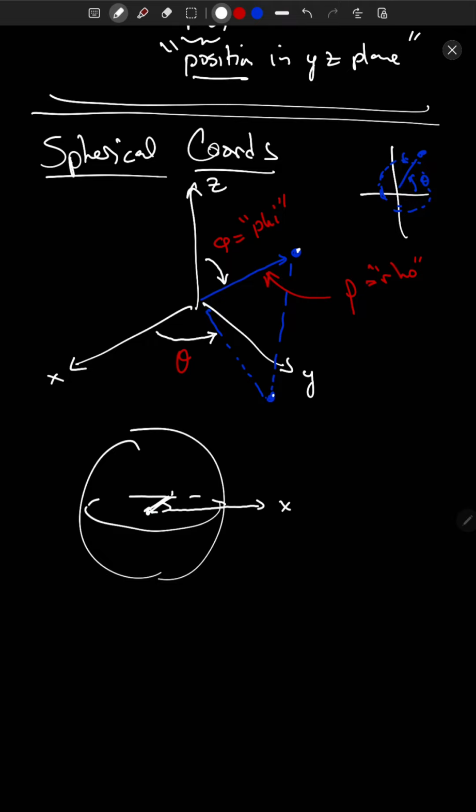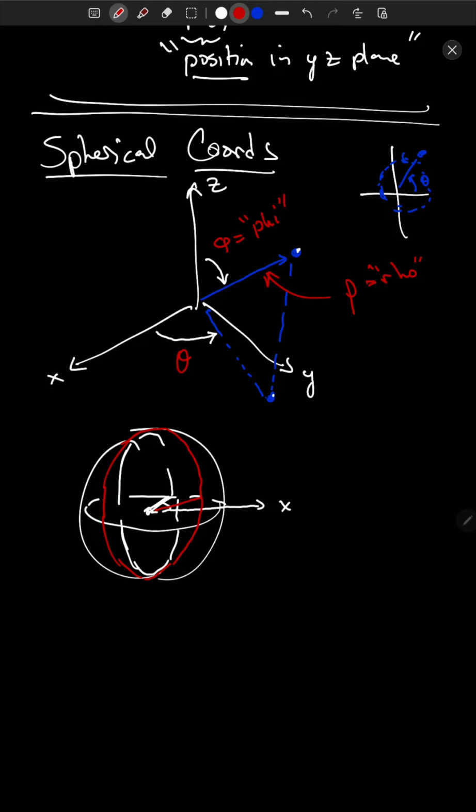Well, it would describe a great circle like that, right? If theta were fixed at a different angle, it would describe another great circle, right? They would all touch at the North Pole and the South Pole.